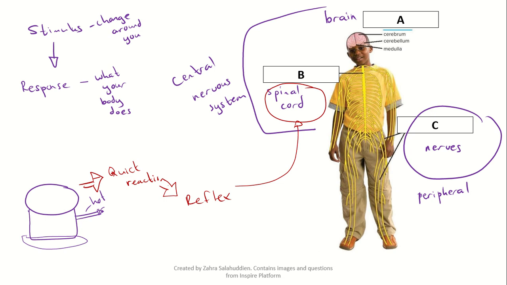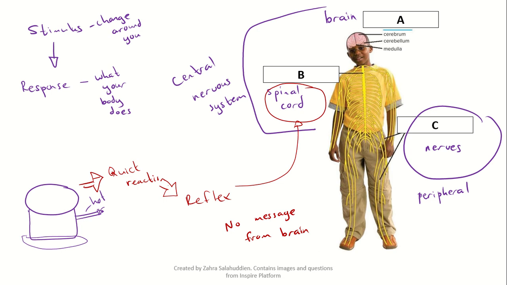When somebody scares you and you jump, it's a reflex. You didn't think about it, you just jumped. Okay, so a reflex is a quick action from the spinal cord. There is no message from the brain. Okay, these are our main points.